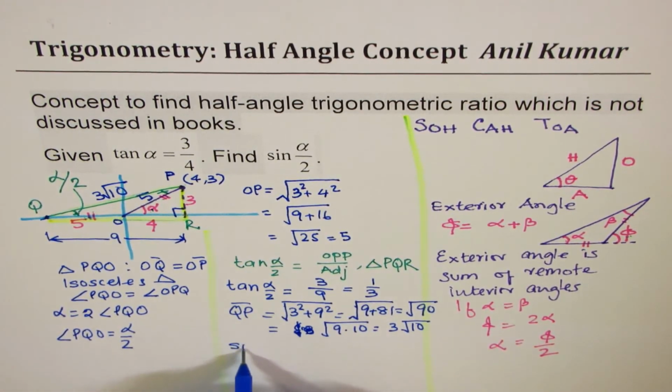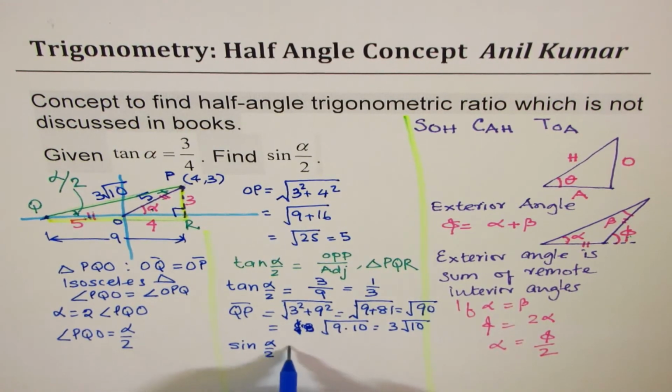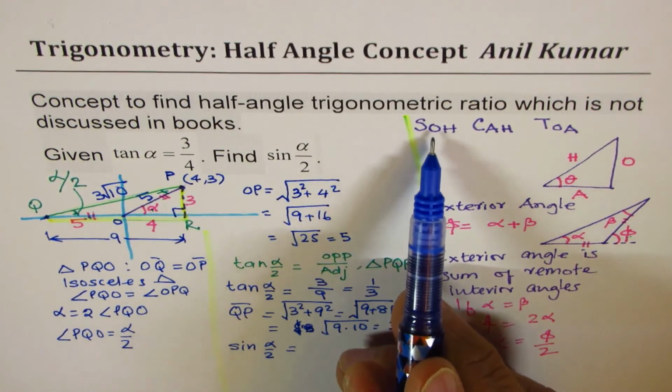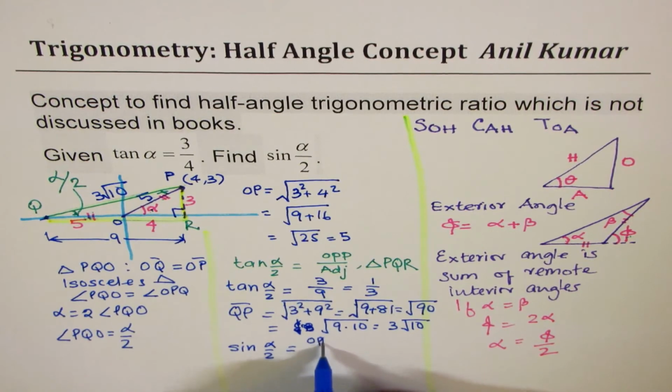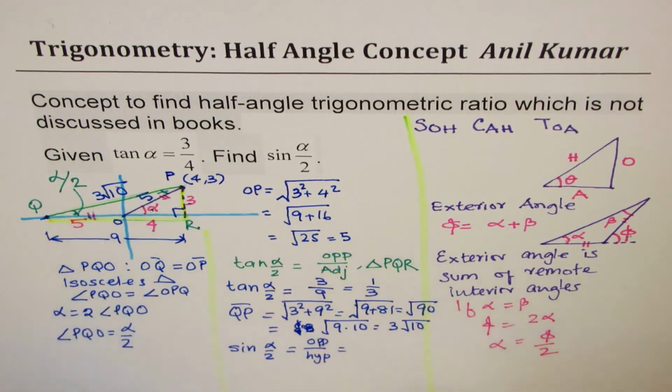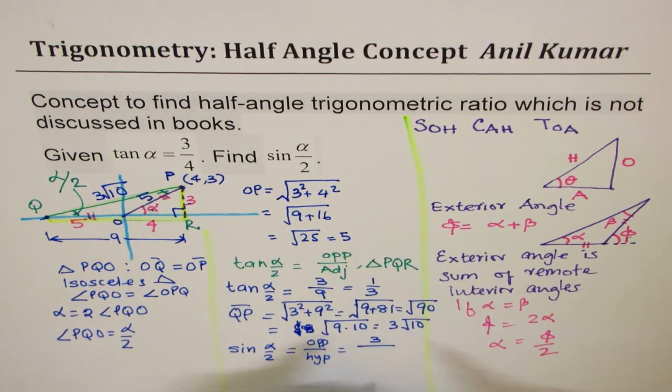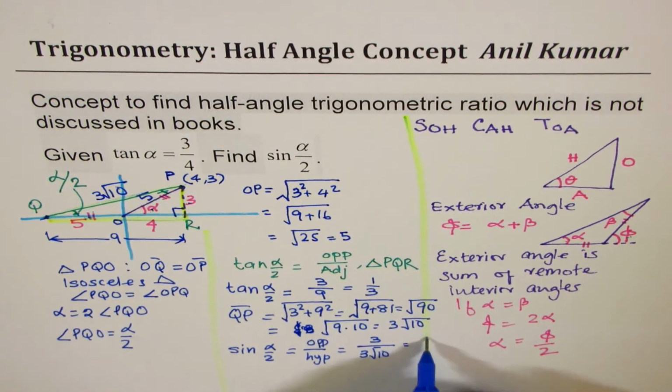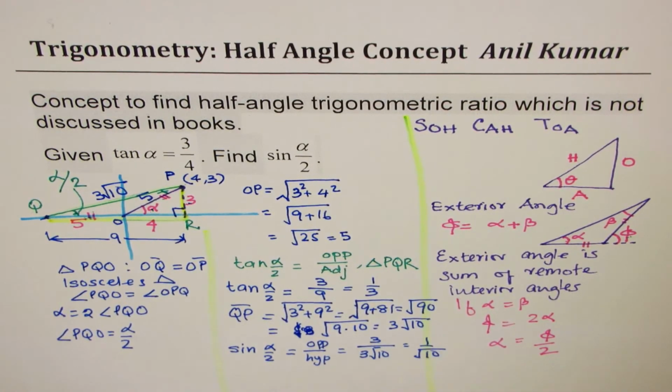Now it is simple. Sine alpha by 2 should be opposite over hypotenuse, correct? That means the side opposite is 3 divided by the hypotenuse, which is 3 square root 10, or 1 over square root 10. Got it? That is how you're going to do it.